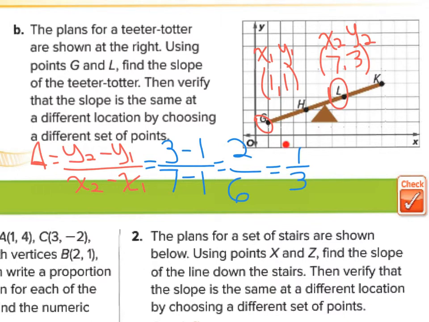So for every time I rise 1, I run 3. Run 3, 1, 2, 3, rise 1. And you see it, rise over run. And there's your slope. Your slope is 1/3.